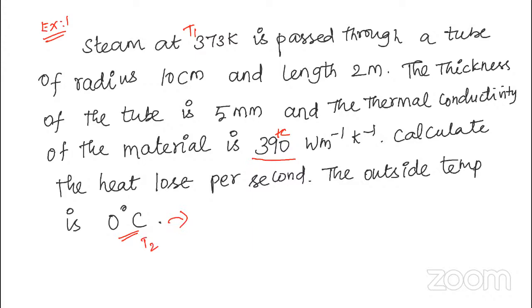K they are given, T2 they are given, T1 they are given. And one more thing, the time for which heat is passed through the tube, per second. That is, time is 1 second. The thickness L they are given.